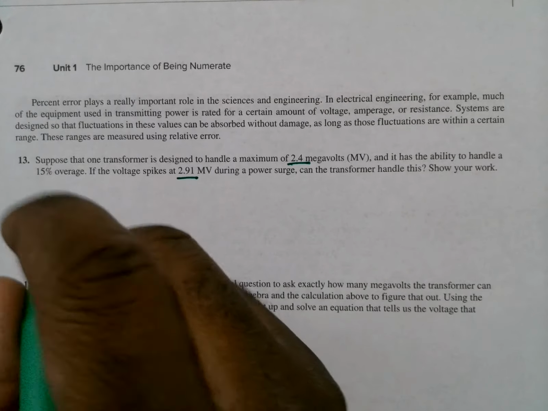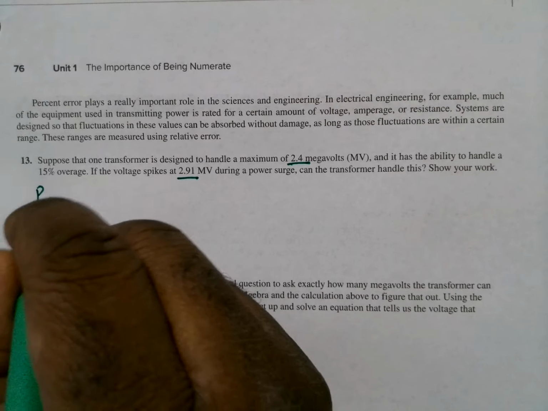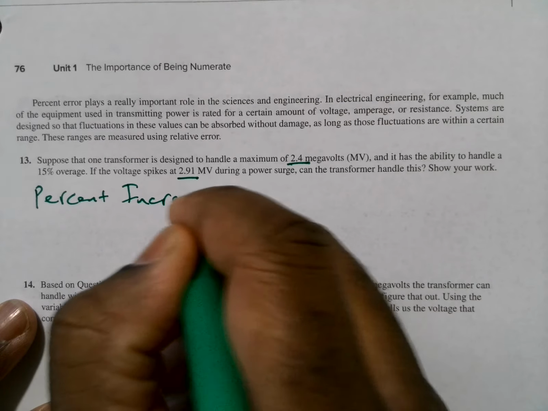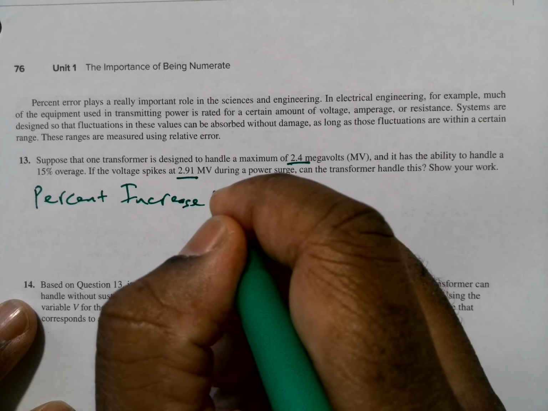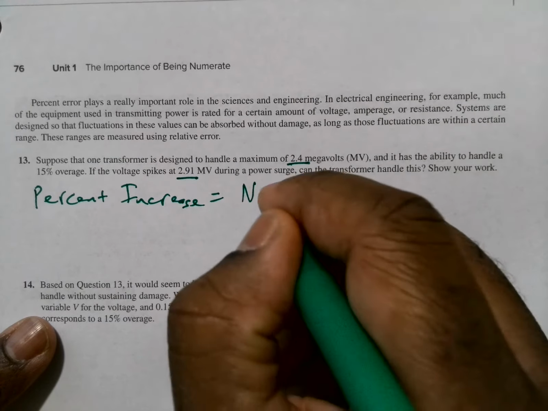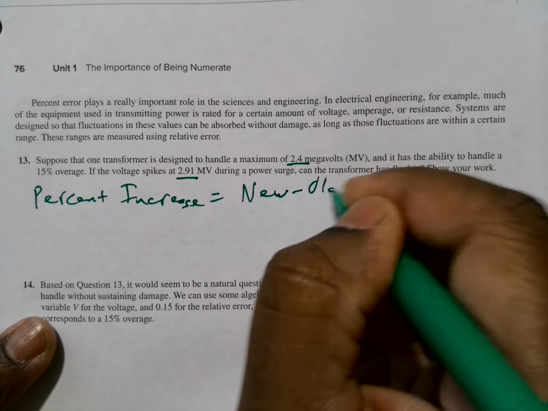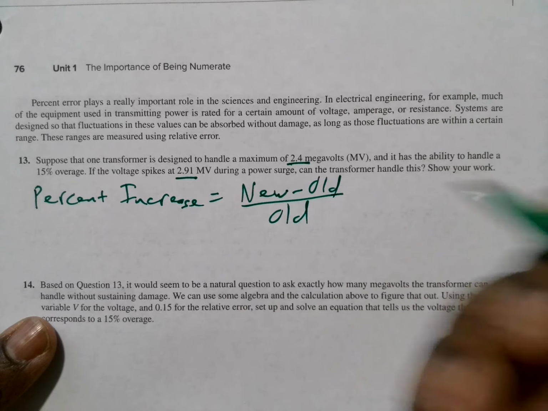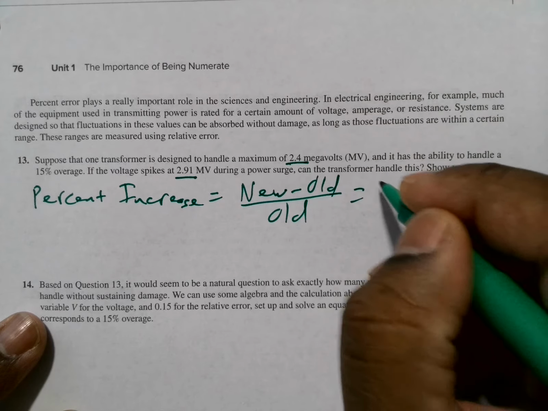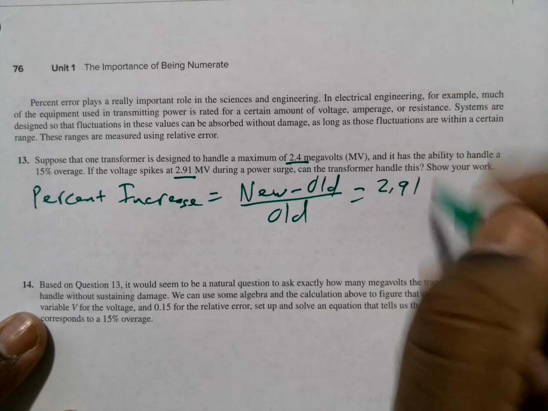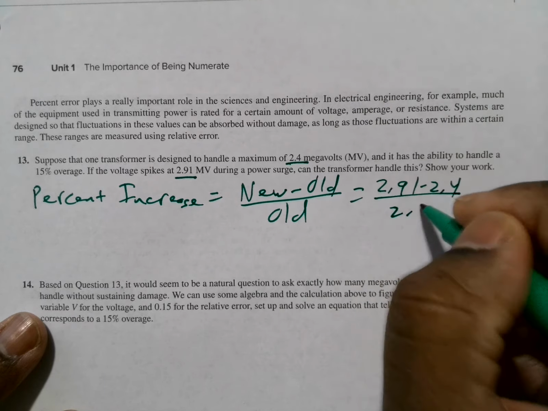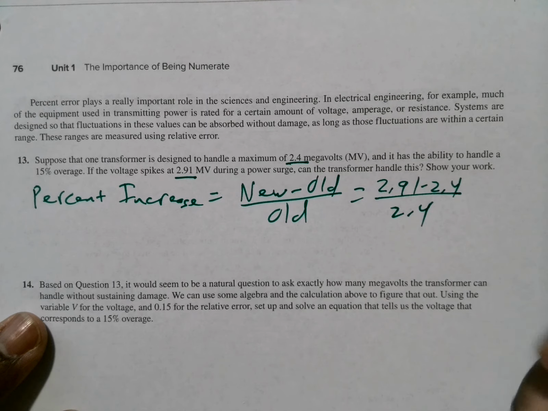So what we would do is percent increase. Remember, it's the new minus old divided by old, or new minus original divided by original. So the new value is 2.91 minus the original value, 2.4, divided by 2.4.